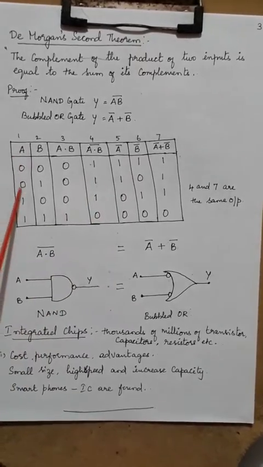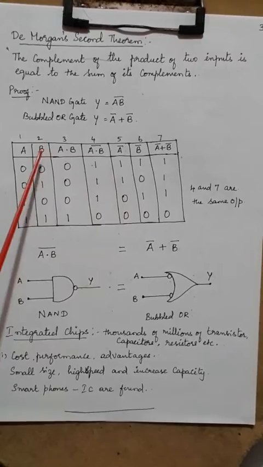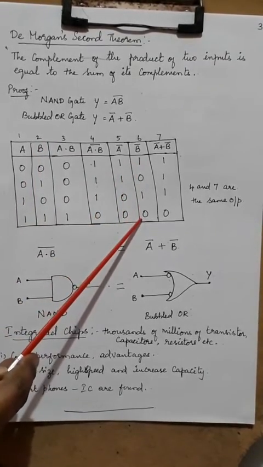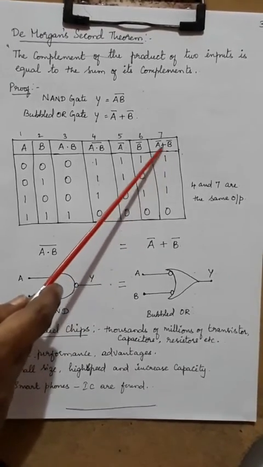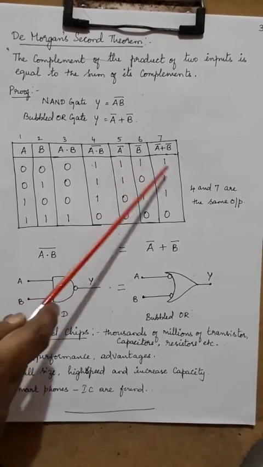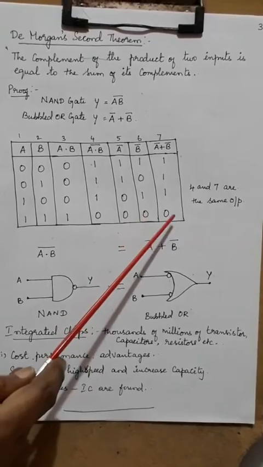Again in A, zeros and ones are inverted. Then in B, again 0s and 1s are inverted. After this, it's a sum of its complements. So 1 or 1 gives me 1. At last, only 0, 0 gives me 0.